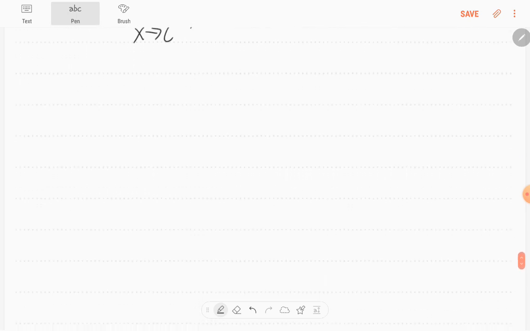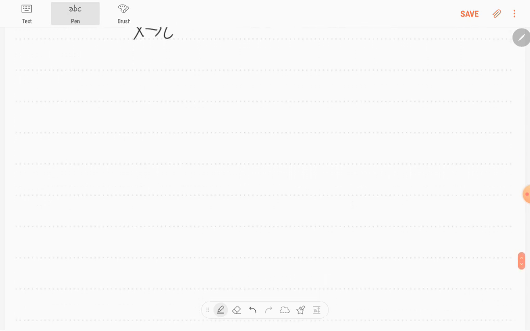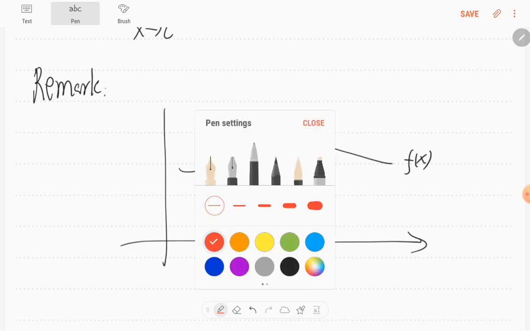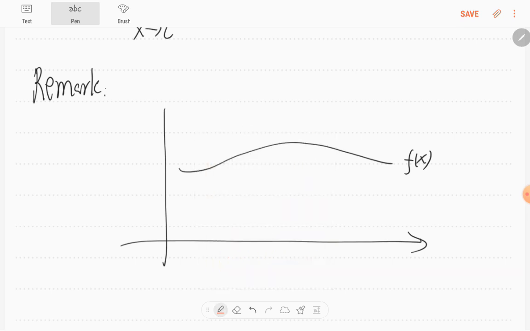So let's look at the remark for the theorem. Let's look at the geometric meaning of this one. Okay, so this is the function f of x. Let's look at another function h of x, which is less than or equal to it. So this is c.